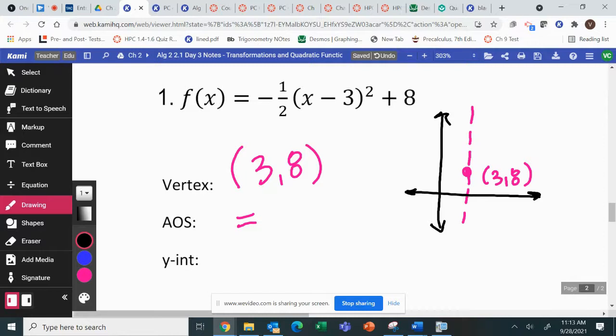It doesn't cross the y, so that means this has to be x. Then you look at the ordered pair and tell me what x equals. X is the first one. Oh, x is 3. Okay.